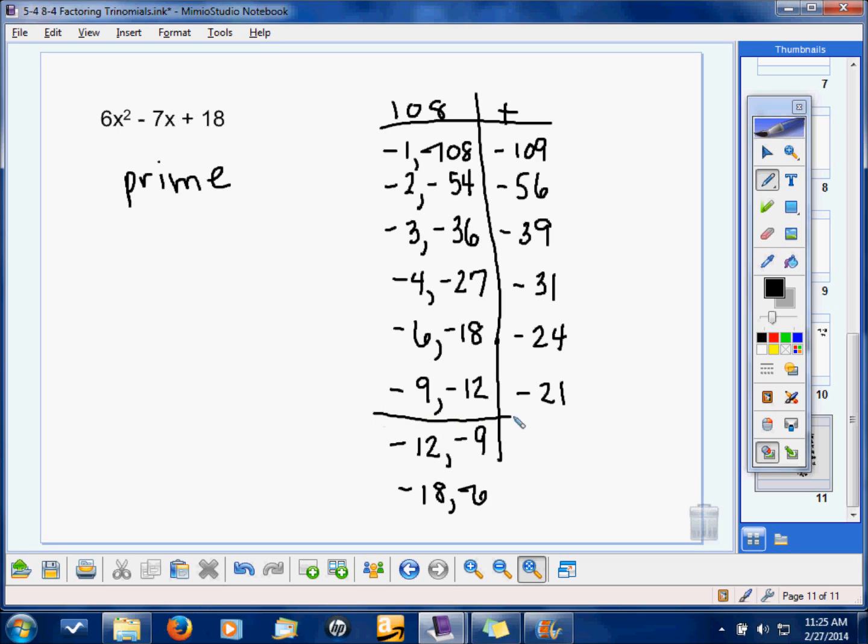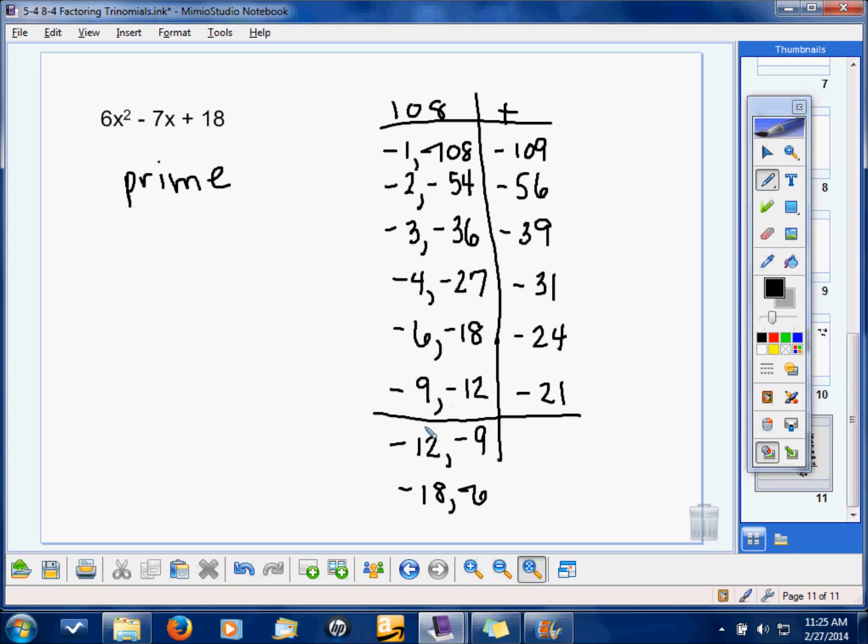So once I start having the repeats, I could go all the way up to 108, but it's kind of pointless because you're just reversing the numbers once you get past the middle point, and the middle point is where that second number becomes bigger than the first number. Okay, I say bigger because I'm thinking absolute value instead of actual.